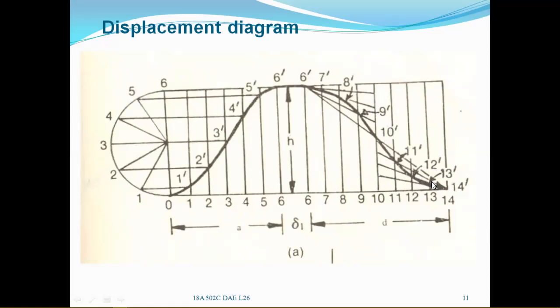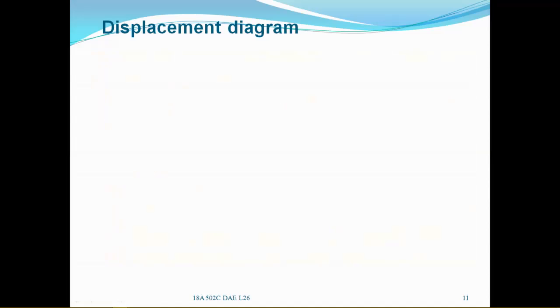You will get 13 dash, 12 dash, 11 dash, 10 dash, similarly 9 dash, 8 dash, 7 dash and 6 dash, etc. So like this you can complete your displacement diagram.